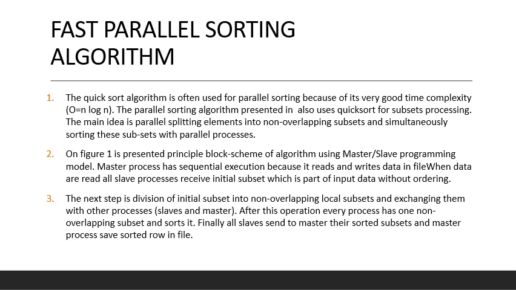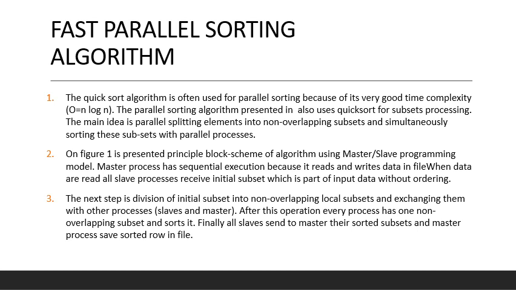On figure 1 is presented the principal block scheme of the algorithm using the master-slave programming model. Most of the master's processing is sequential because it reads and writes data in a file. When data are read, all the slave processes receive an initial subset, which is part of the input data without ordering.